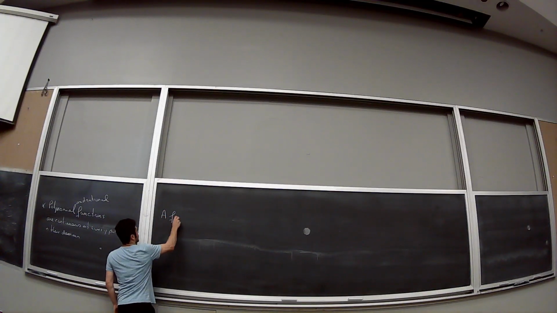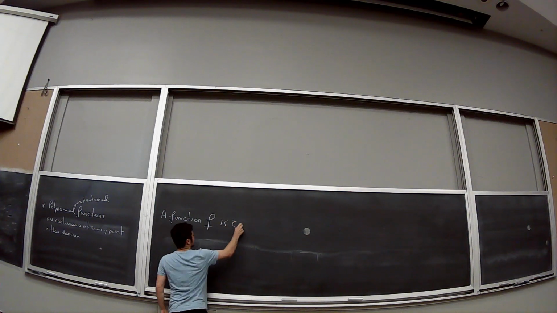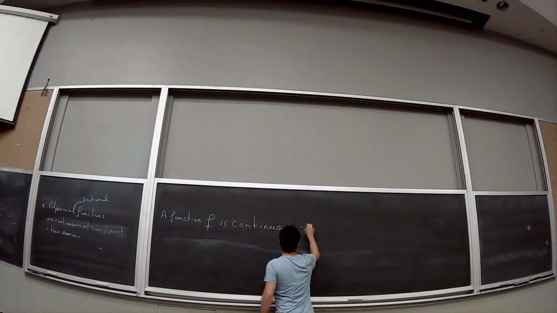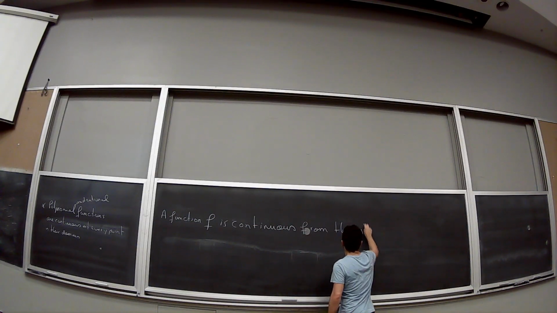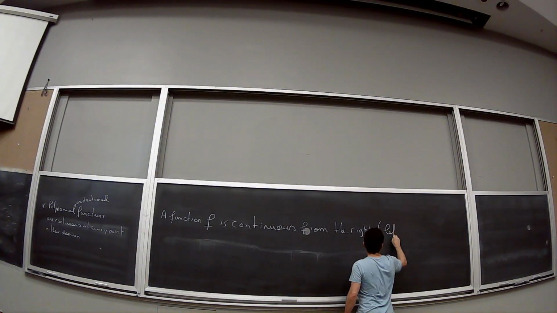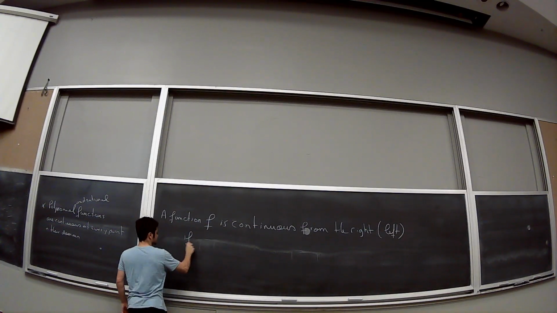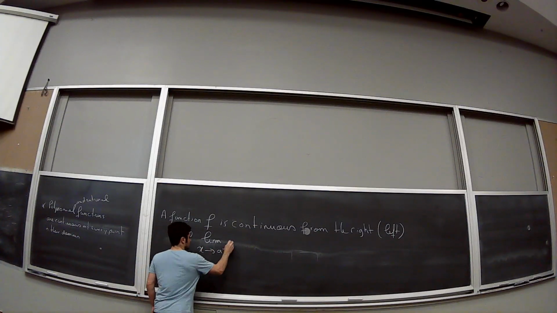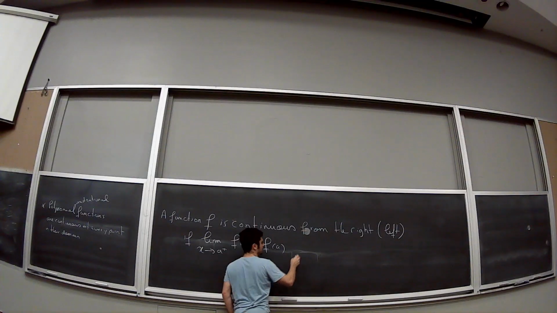Now we did not discuss continuity from the left and from the right, but we say that a function f is continuous from the right if the limit as x approaches a from the right equals f of a, and similarly for left continuity.